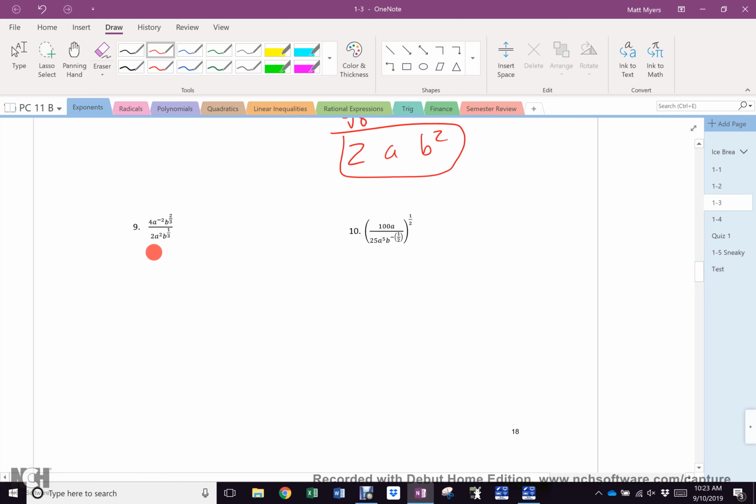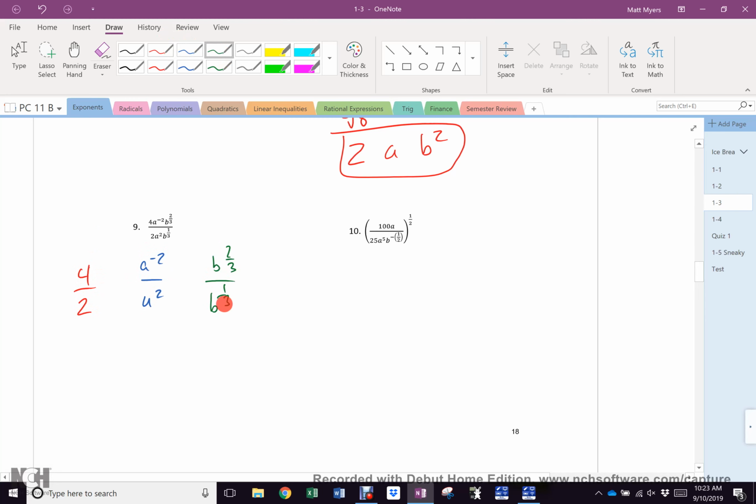Oh my, 9 is so extra scary. Why? 2 fractions. But, of course, you remember that these are simply 3 different operations.